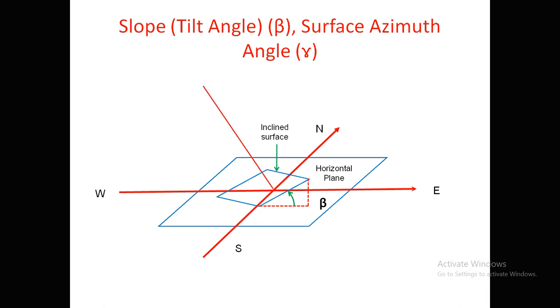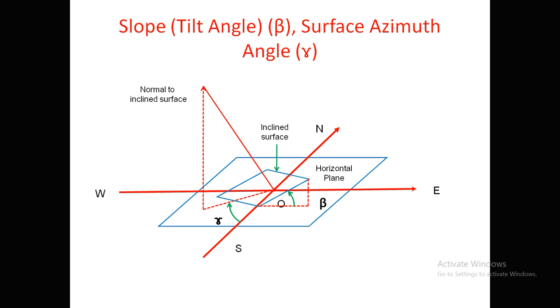This is the normal to the inclined plane. We need to drop a projection on the horizontal plane, and join this point to the center of the inclined plane. Now we have the angle gamma here.